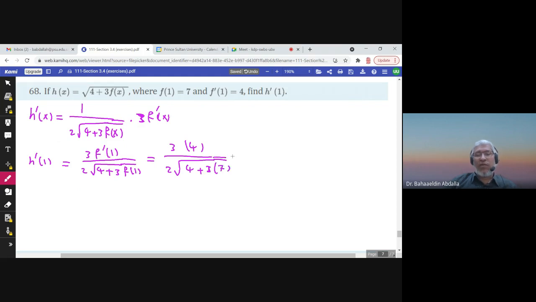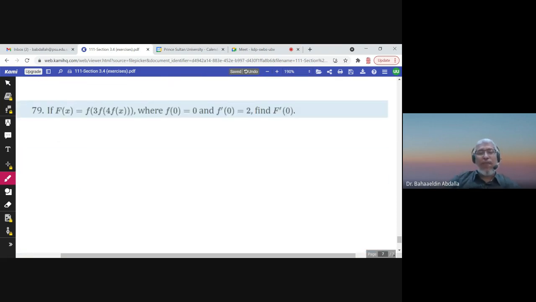It is 7. Good. 3 times 4 is 12 over 2 times square root of 4 plus 3 times 7, 21 plus 4, 25. Well, 12 over 2 is 6 and square root of 25 is 5. So the answer is 6 over 5.